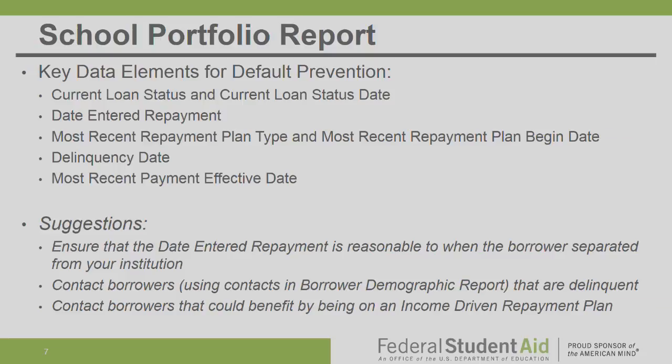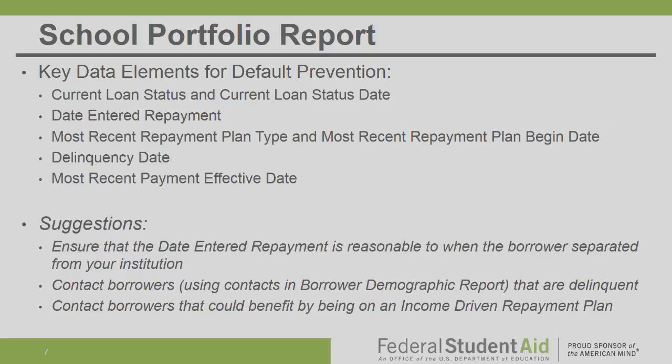So that date entered repayment is important. We've already talked about it, establishing that denominator for your cohort default rate. It's also going to be helpful if you're looking at trending out what's happening around specific graduation classes or in any sort of cohort. It's a great thing to set a cohort on, that date entered repayment.